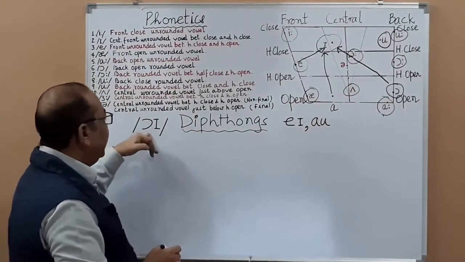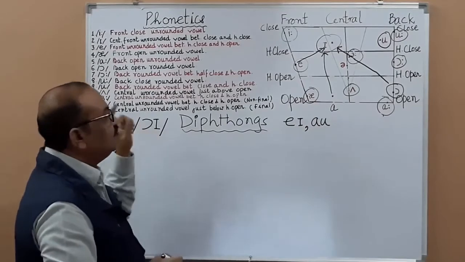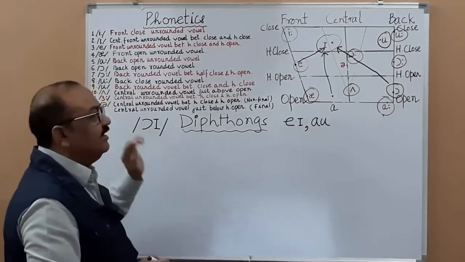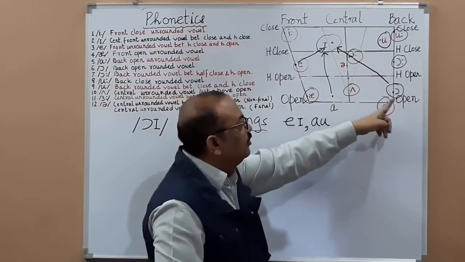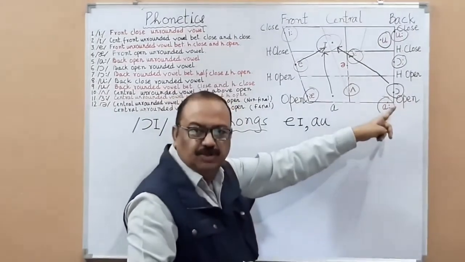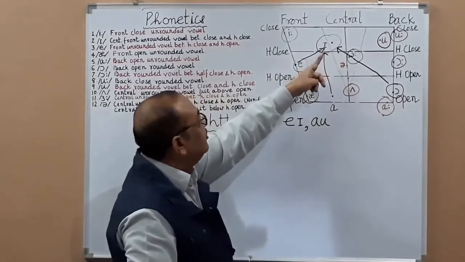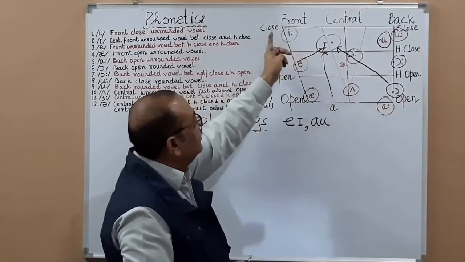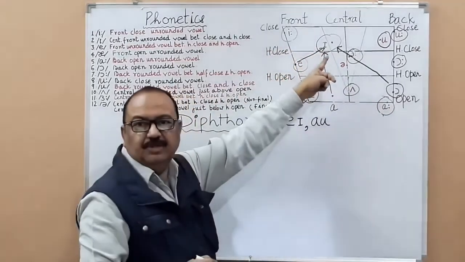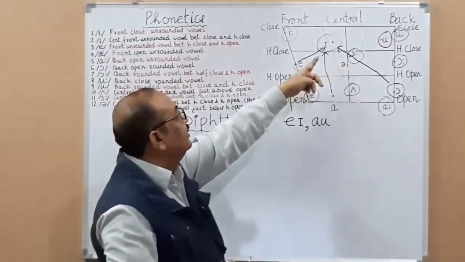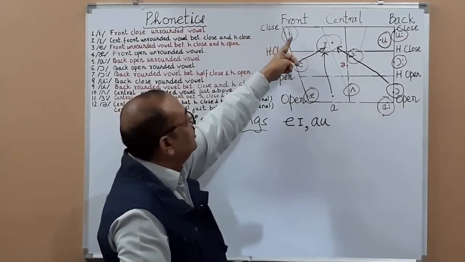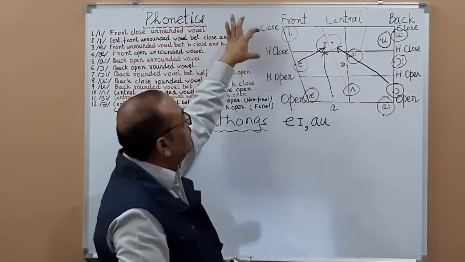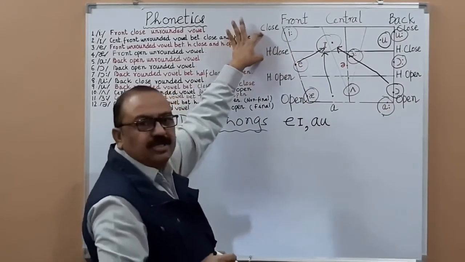We may say that this diphthong, OE, is a glide from that open rounded vowel to the centralized front close unrounded vowel. This occurs between close and half close.